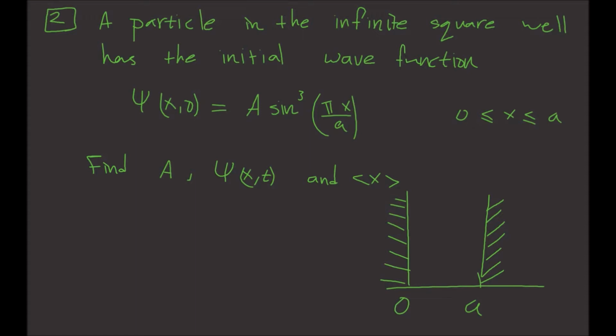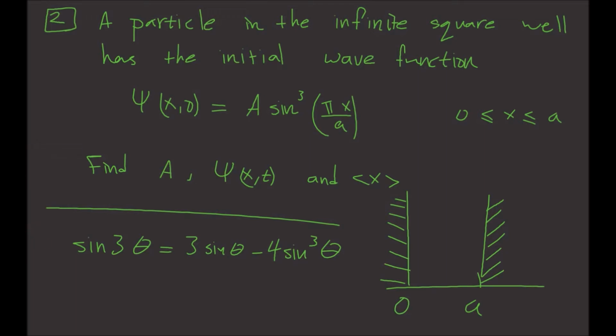So let's remind ourselves of some trig identity. That's the sine of 3 theta equals 3 sine theta minus 4 sine cubed of theta.